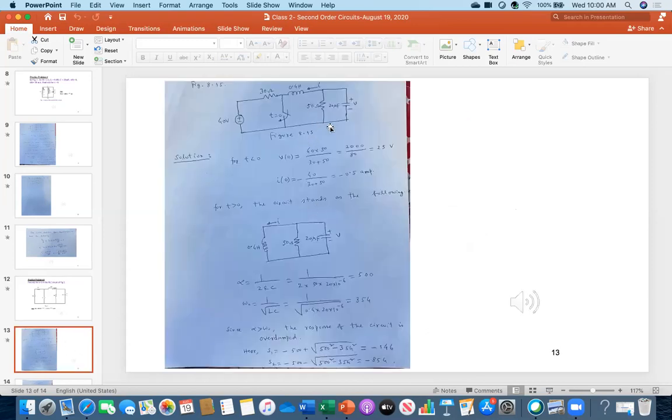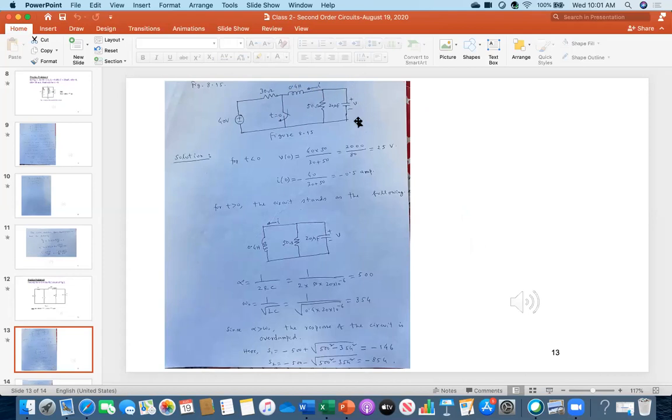Everybody see, assuming that the switch was open, look at the topmost circuit. When the switch was open, this was the current flow direction. Will there be any current flow through the capacitor?